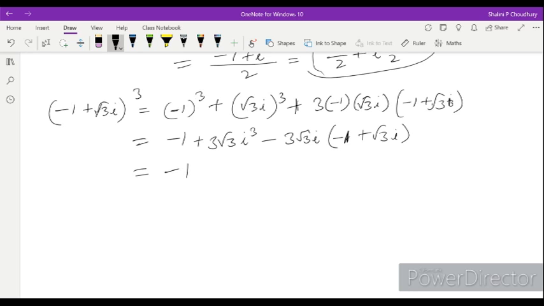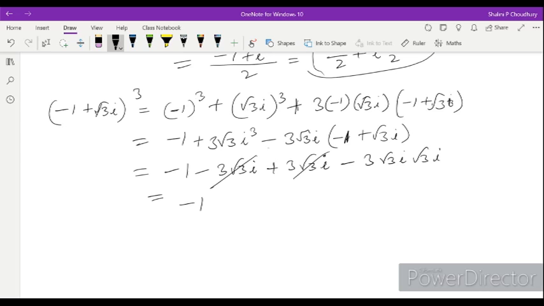So minus 1 plus minus 1, and a minus will be written here because of minus root 3, so 3 root 3i. Then minus 3 root 3i into minus 1, so here it will be plus 3 root 3i, then minus 3 root 3i into 3 root 3i. Now minus 3 root 3i plus 3 root 3i cancel.